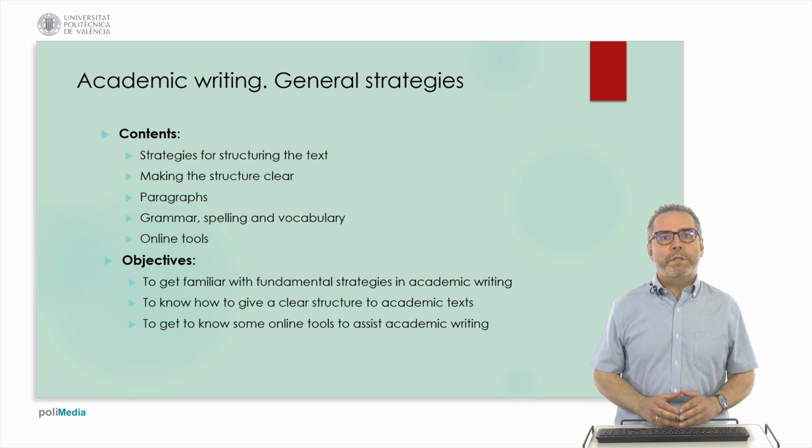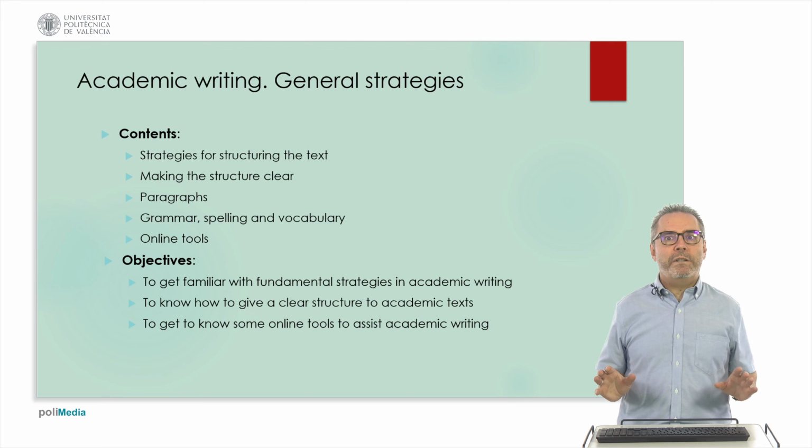And we will finish with some online tools that can help you. The objectives are to get familiar with some fundamental strategies to write good academic texts and to know how to give a clear structure to academic texts, because structure is of prime importance in academic writing, and to get to know some useful online tools.